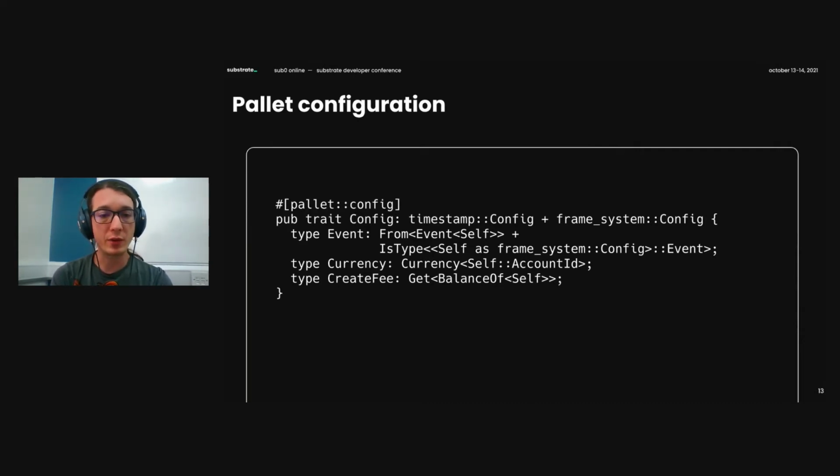But we also have a create fee, which we'll use later. And this allows a third party that might be using our pallet to set a different create fee. And the create fee, as you'll see later, is just the base fee charged when creating an ad. It's also important to note that you need a fairly substantial one. If you use a create fee too small, you won't notice that your create fee is being used.